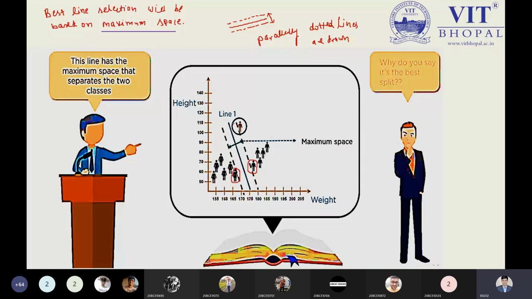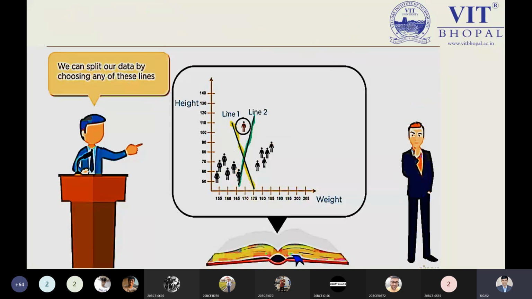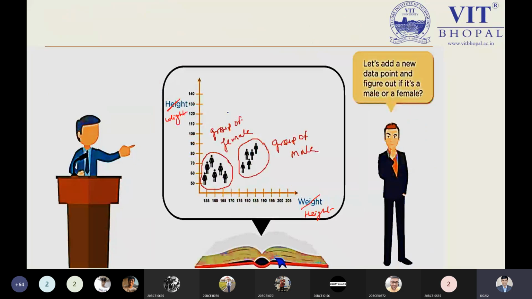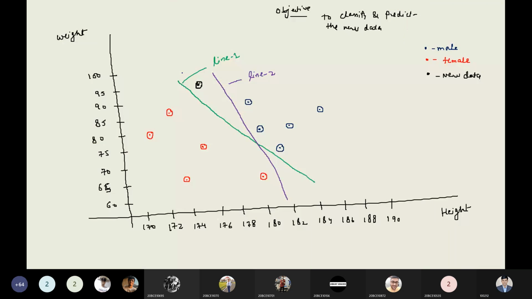So if I'm choosing this one, now let me come to my graph. From this graph, I can explain it in an easy way. Let me take a different color so you can easily understand. Suppose I'm choosing line one. And parallelly, what I do, I need to find the maximum space.